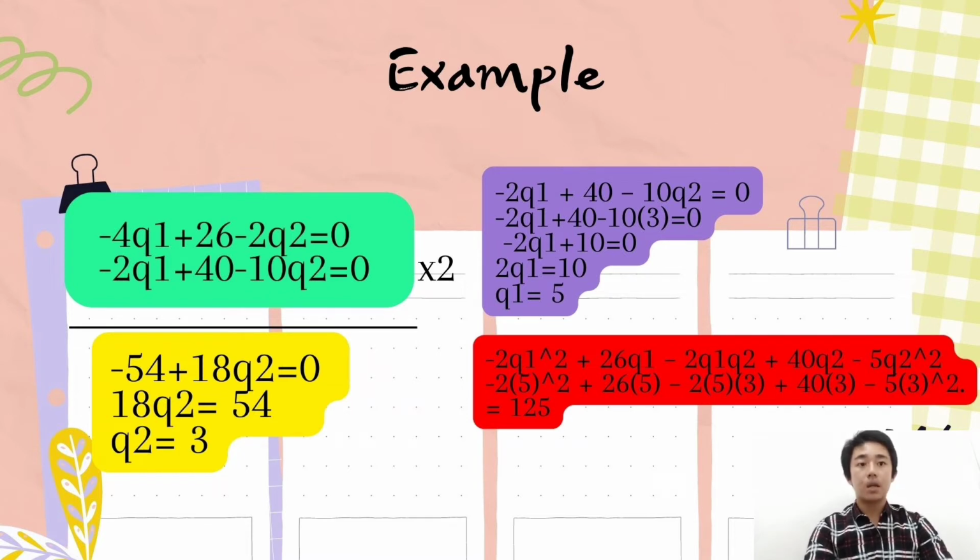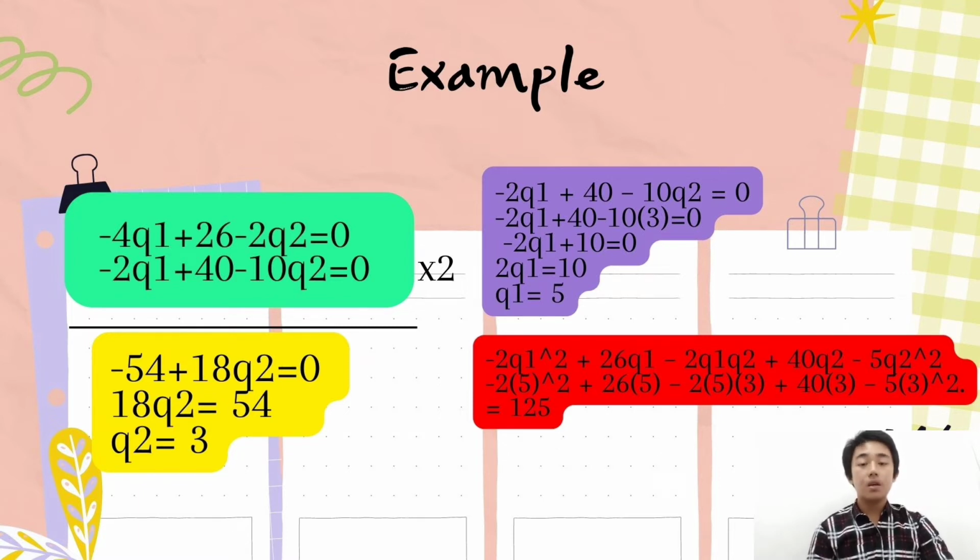That's why we multiply negative 2Q1 plus 40 minus 10Q2 equals 0 by 2, to eliminate the negative 4Q1 and erase the Q1, and we could find Q2. So when we subtract, we get negative 54 plus 18Q2 equals 0. This is where we make it 18Q2 equals 54, and we find the value of Q2 is 3.